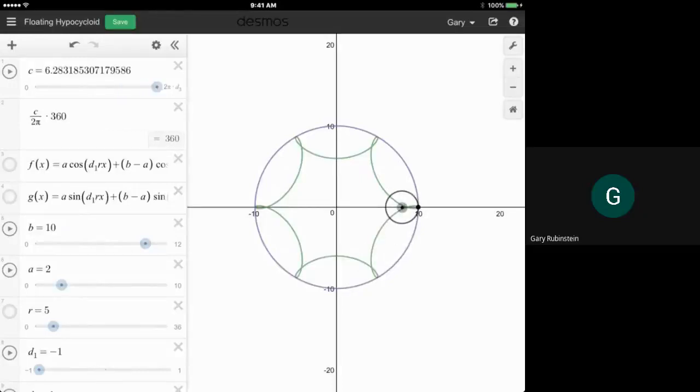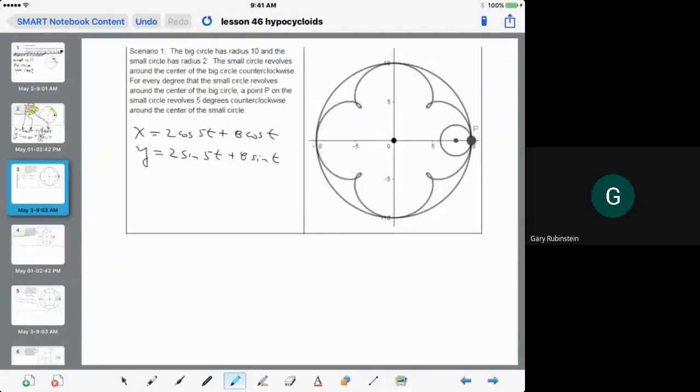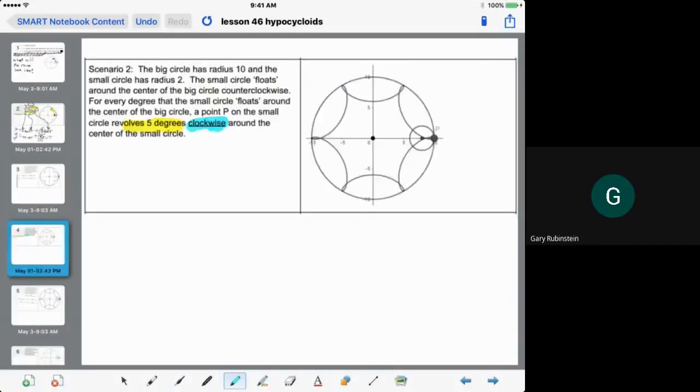Would you take a minute to write down what you think the equation is for this one? Or how is the equation similar? What changes would have to be made to this equation to turn it into this?